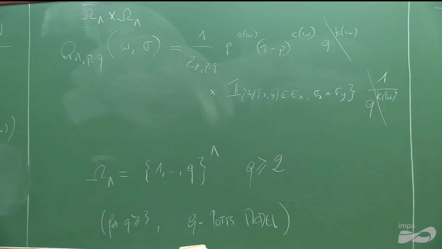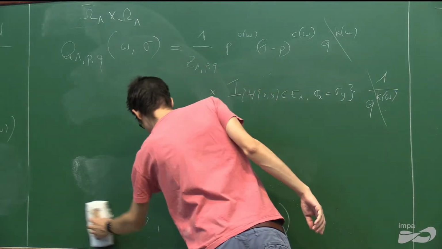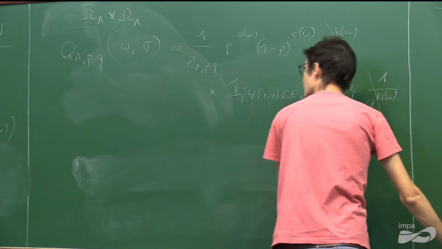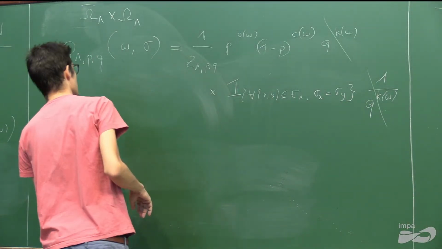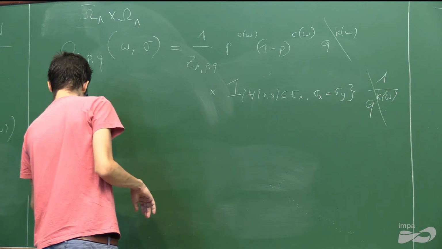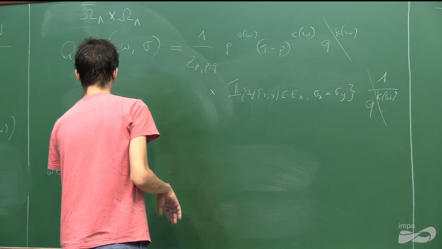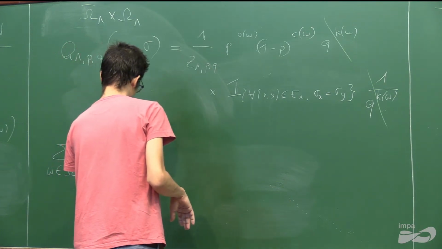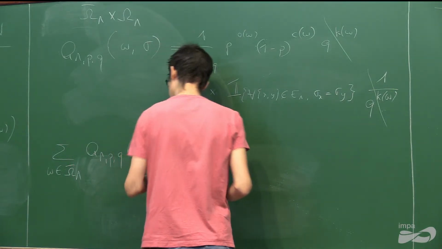Okay, so now we want to look at just the distribution of sigma. So really what we are interested in is the sum over omega in omega lambda of Q lambda P Q of omega sigma.